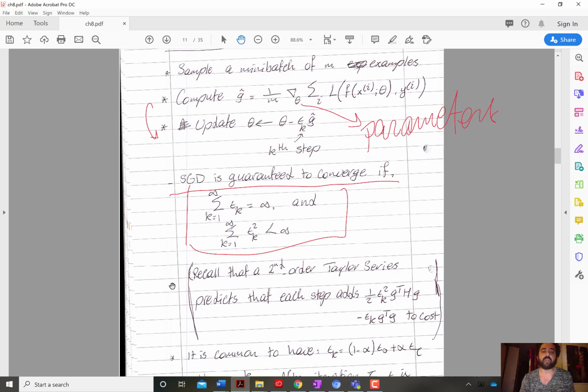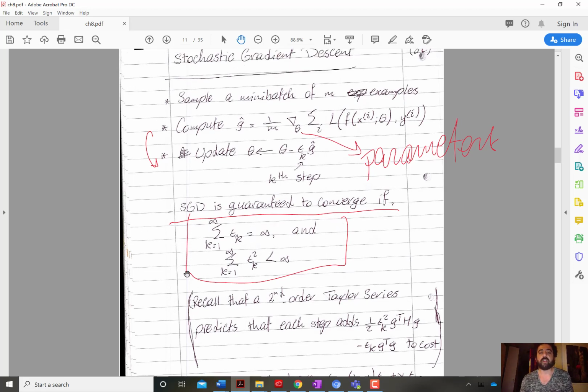So what's the intuition behind this condition? It's basically what we said before when we analyzed the second order Taylor series of the cost function, right? Remember in the video where we discussed the conditioning of the Hessian, we said that every parameter update adds half epsilon k squared g transpose H g, a second order term, H is the Hessian, minus epsilon k g transpose g, right? So you want this second term to dominate.